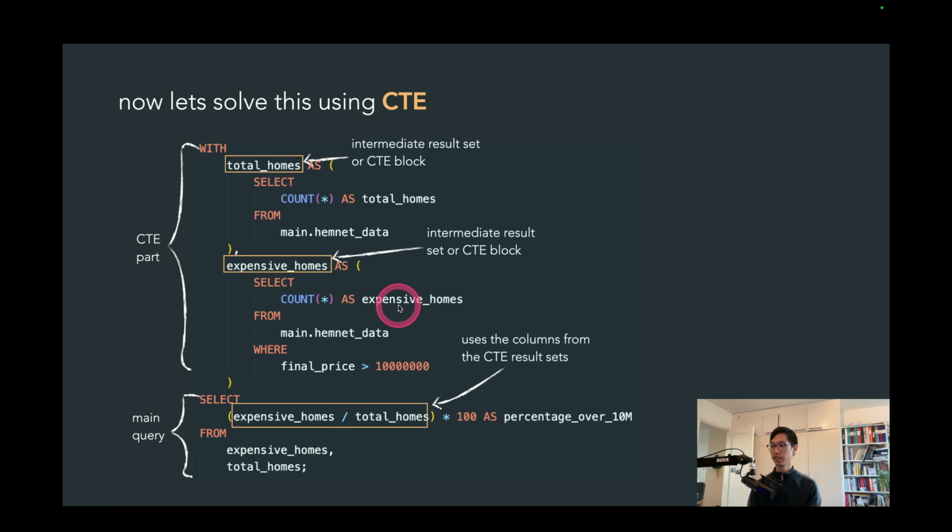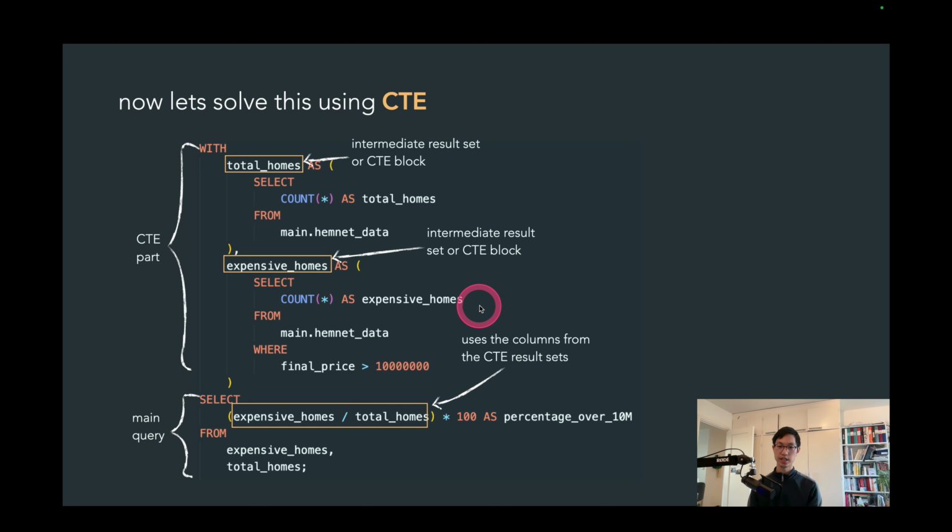We could actually change the column name to be even better for readability. And total homes is the total number of rows, right? Then you take from expensive homes, total homes. So you reference the intermediate result sets, or the CTE blocks.